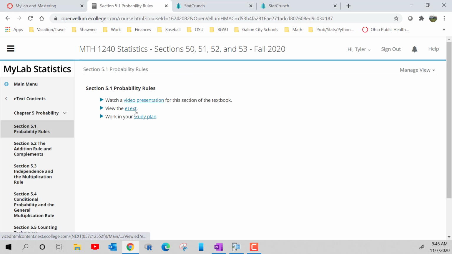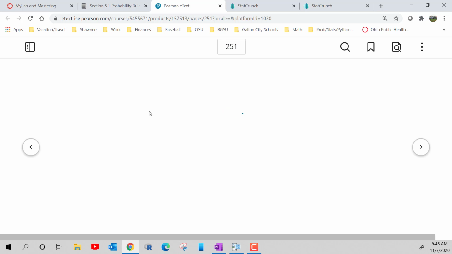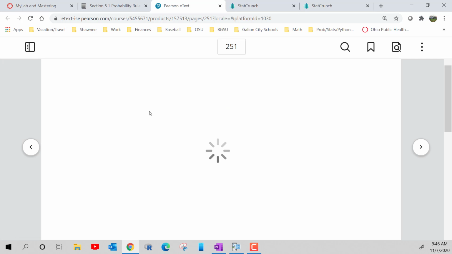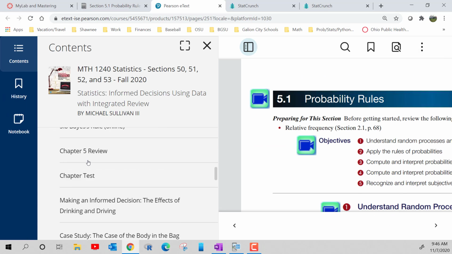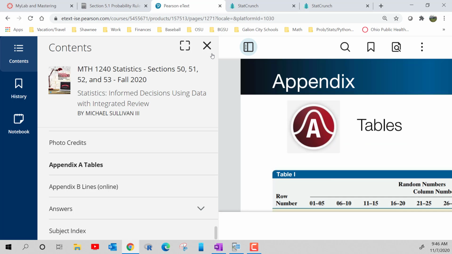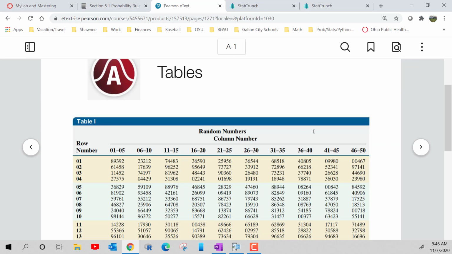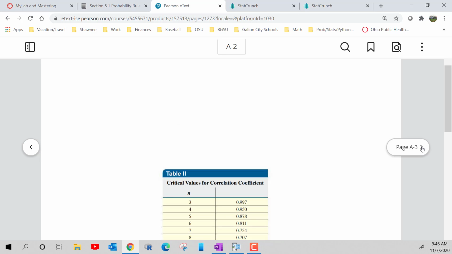All right, so I'll open up the eText. All right, so I'll just go into the appendix, appendix A, and we want table 3 for this case. Right, there's table 3 and 4.